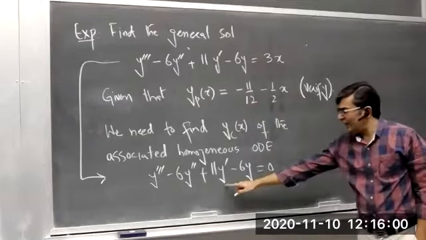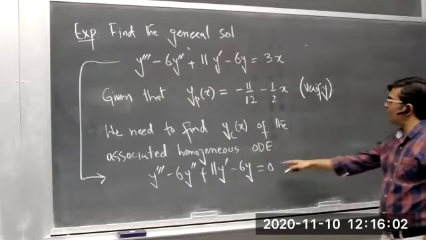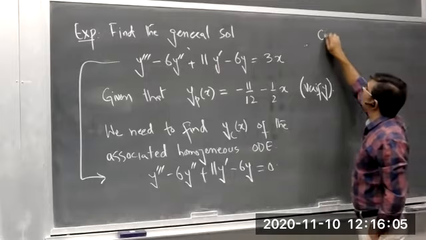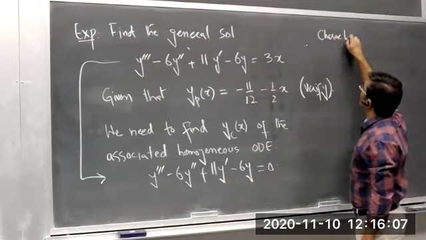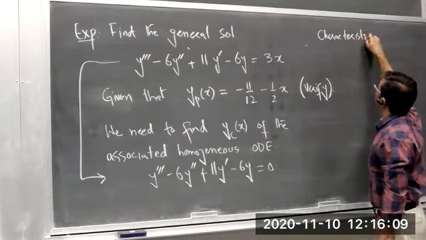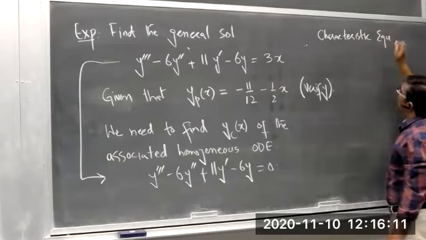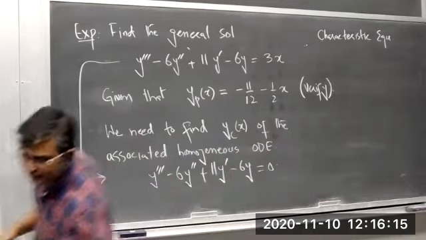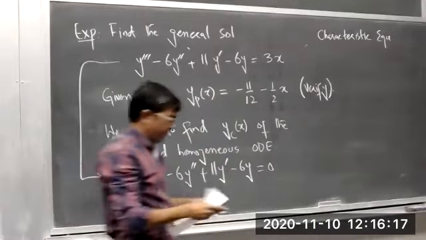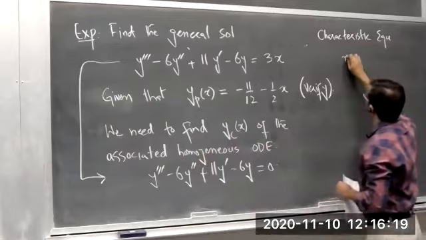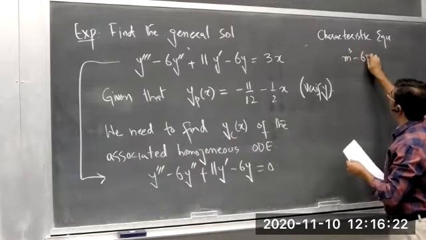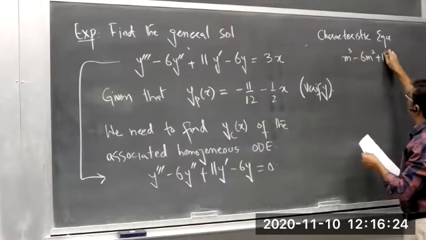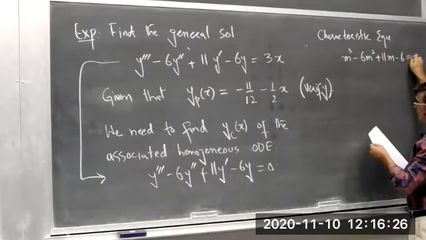Now, we can solve this easily. We can write its characteristic equation: m cubed minus 6m squared plus 11m minus 6 equal to 0.